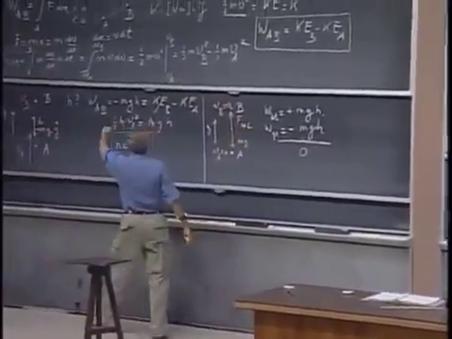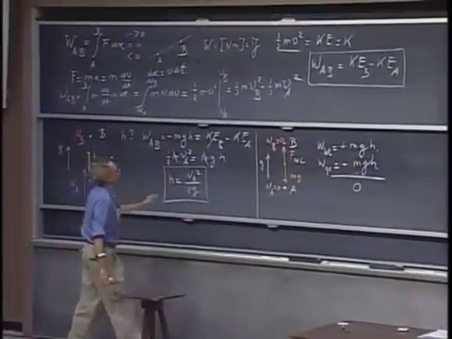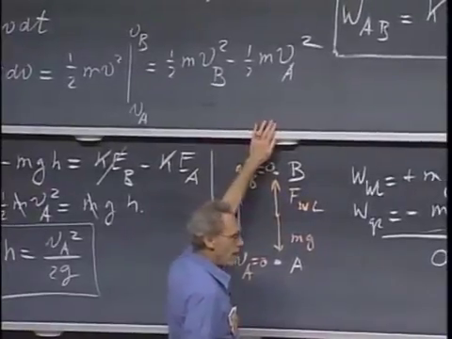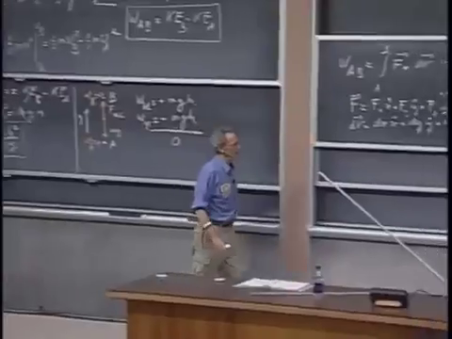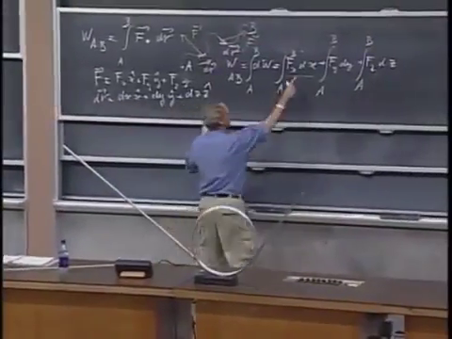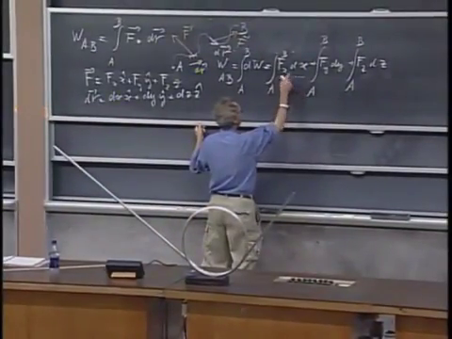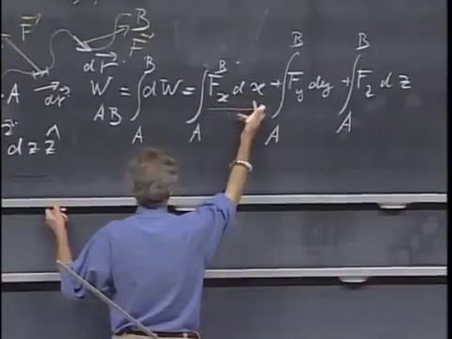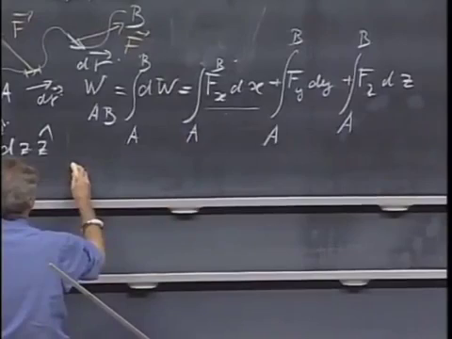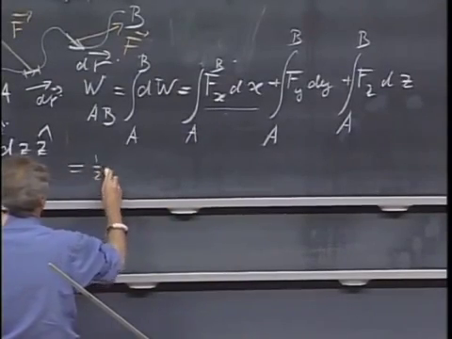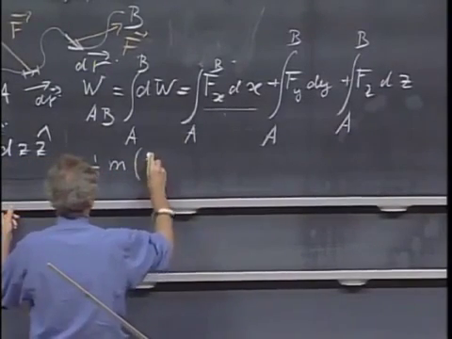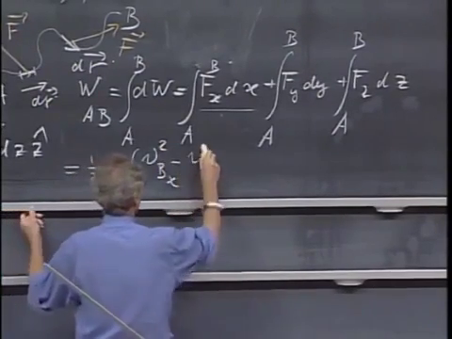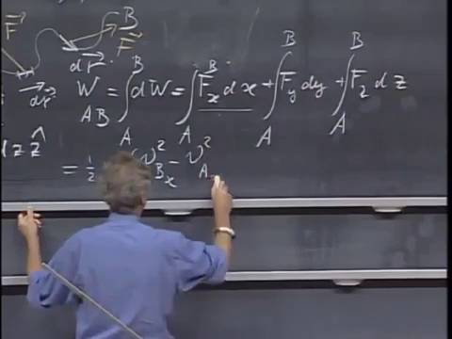The integral F dx we found is 1/2 m vb squared minus 1/2 m va squared, which in this case is obviously the velocity in the x direction, because this is a one-dimensional problem. And the one-dimensional problem indicates that the velocity that I'm dealing with is the component in this direction. So we have 1/2 m vb squared, and this is the x component, minus va squared, and that is the x component.